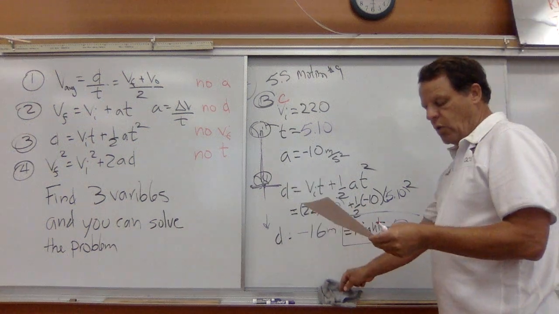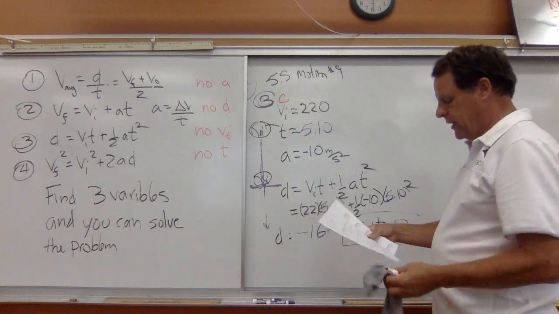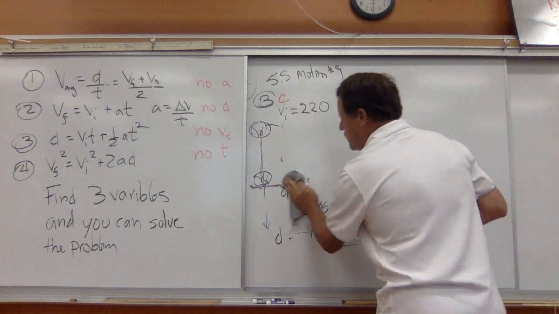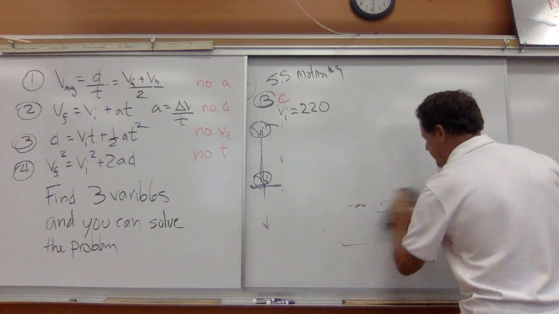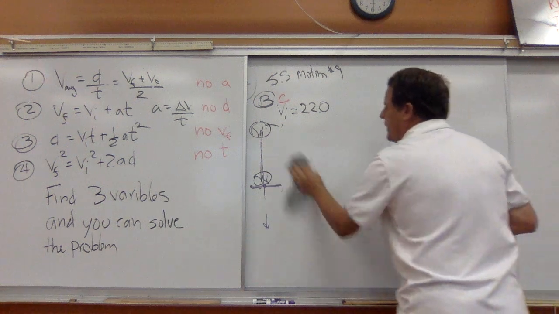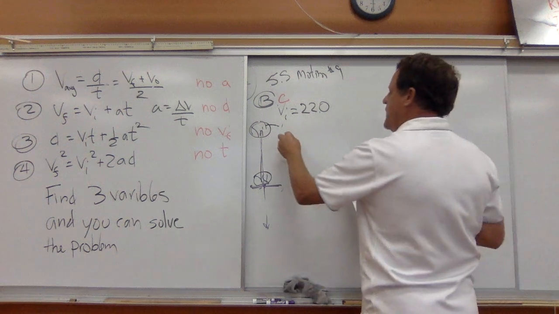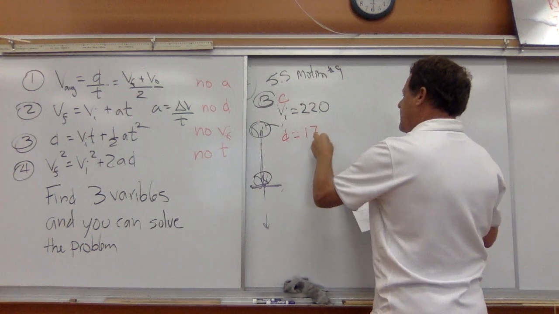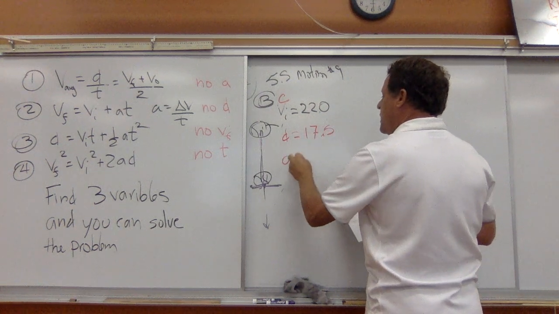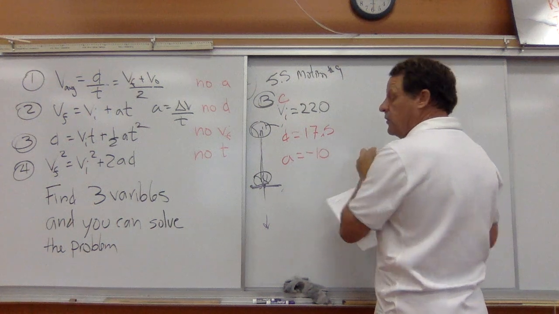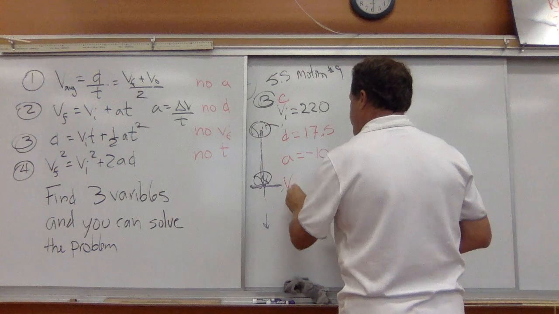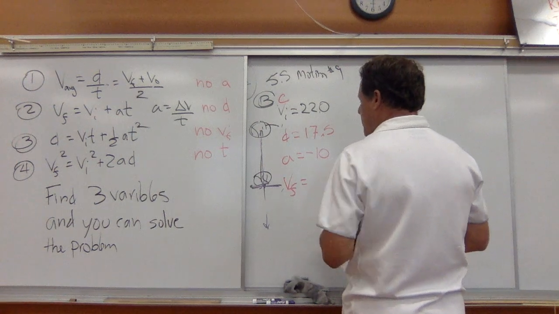So we want to know the velocity. Now we have a displacement of 17.5. We know our acceleration is still gravity, which is -10, and we want to know our final velocity.